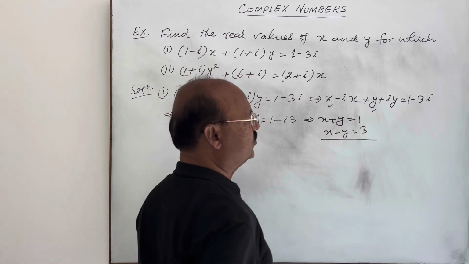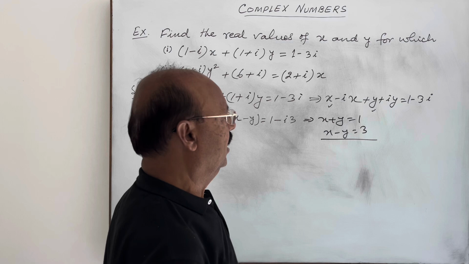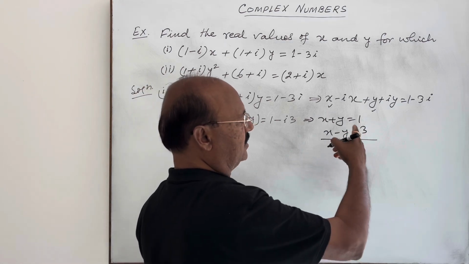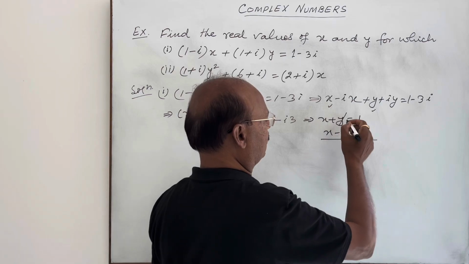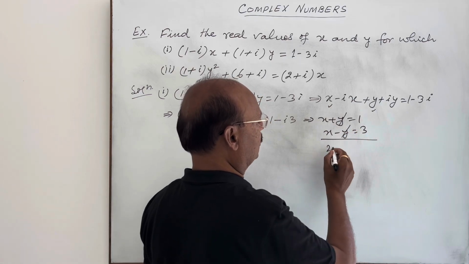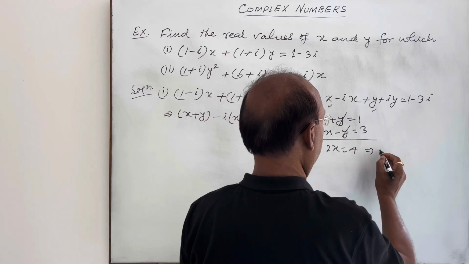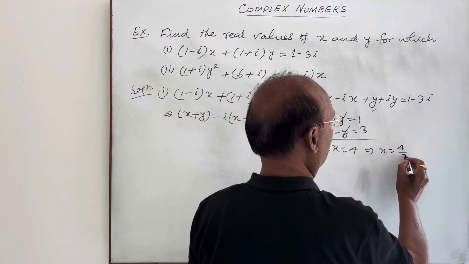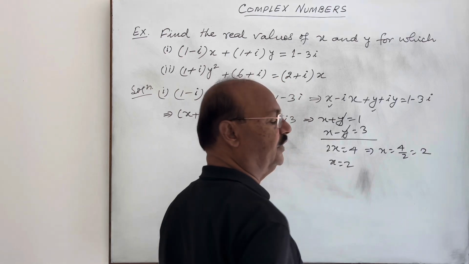By solving these two linear equations in two variables, we can get the values of x and y very easily. Adding these two equations, +y and −y will cancel out. So 2x = 4, and therefore x = 4/2 = 2. So the value of x is 2.